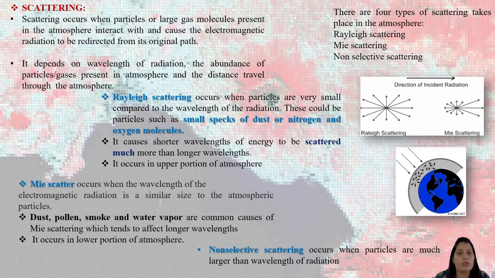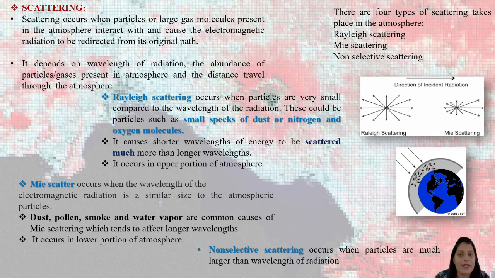First of all, I would like to recall the session of what we have already discussed. The first is scattering. You can see here there are various types of scattering, right? We have Rayleigh scattering, Mie scattering, and non-selective scattering. According to the scattering, we have different things which can be identified.